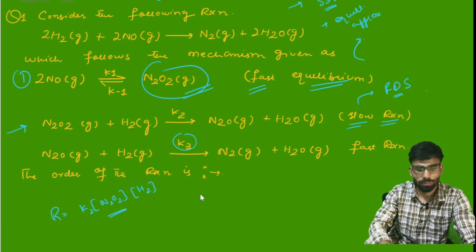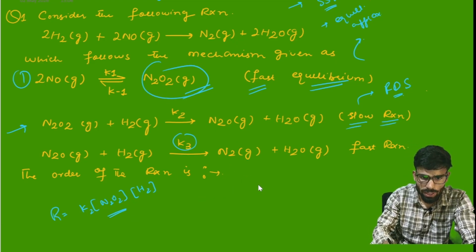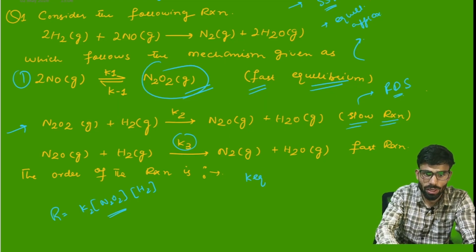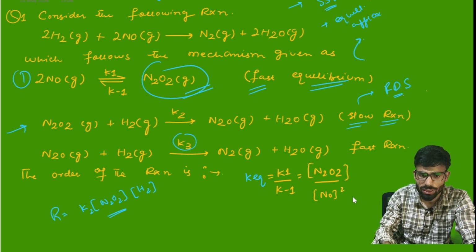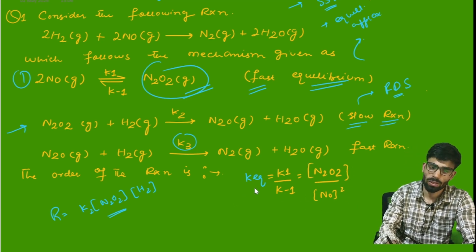Using that step, I will write K equilibrium, that is K forward upon K backward, that is K1 upon K minus 1, will be equal to N2O2 upon NO square. This is our equilibrium step.